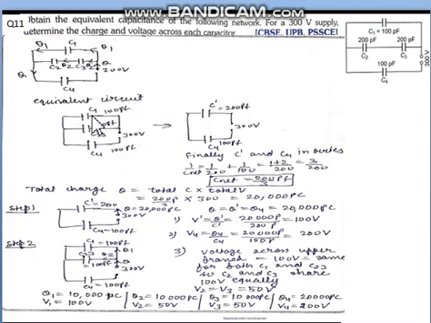So it is also having 100 volt and this is also having 100 volt. Now if we go back, C2 and C3 was C23. The total voltage of this C23 is 100. That's why the voltage of C2, C3 will be 50 volt and 50 volt because they are equal and they are in series.